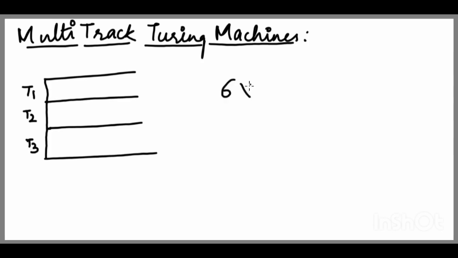According to our example, we have taken the multiplier as 6 and the multiplicand as 4. So place 6 in T1. The second step would be placing the multiplicand in T2. That is, place 4 in T2. The initial value in T3 for the result would be 0. Now our head pointer points in this direction. Let's read all the values from all the tracks and then move forward to the right direction.